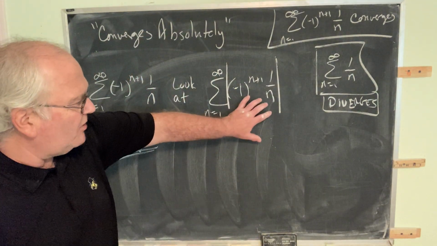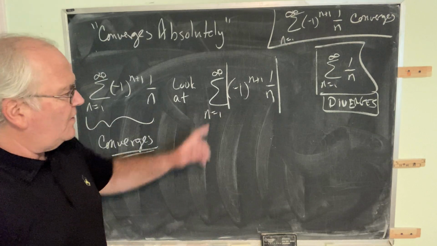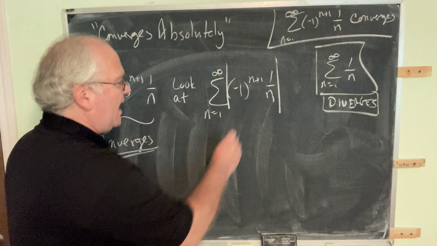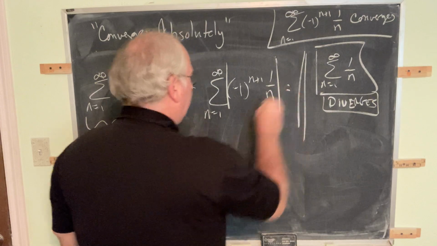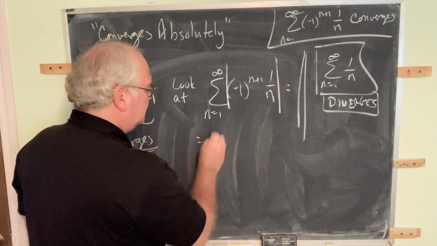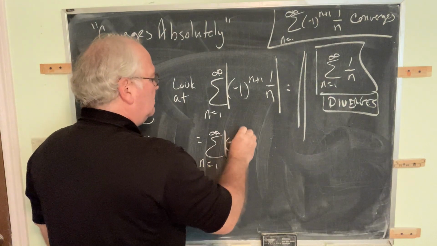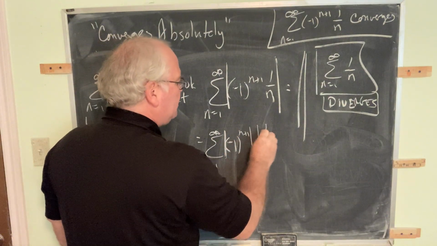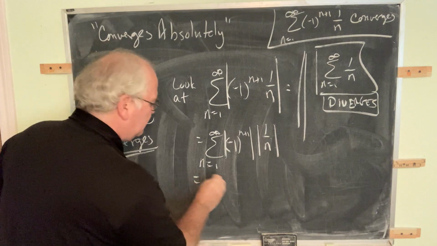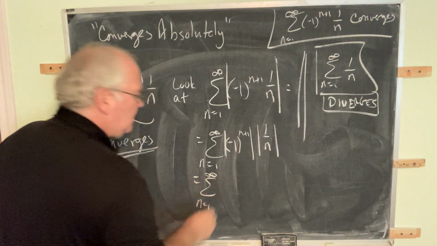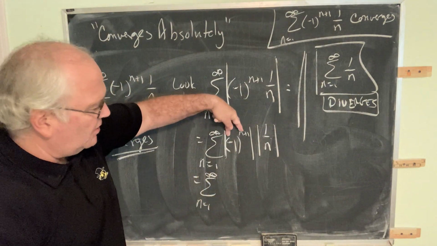Well, what happens to this expression when you do the absolute value? Well, the absolute value of the product is the product of the absolute values. And so that's the absolute value of -1 to the n plus 1 times the absolute value of 1 over n. And we know what that is. No matter what, this is always going to be 1.